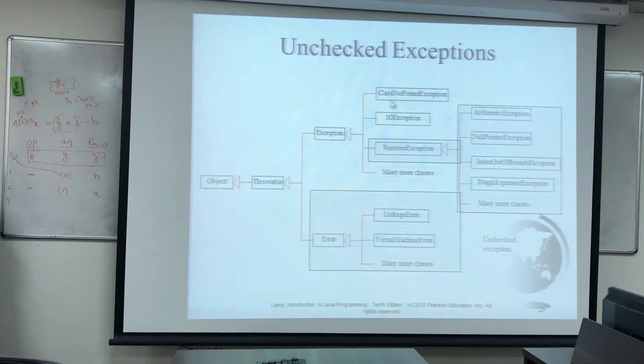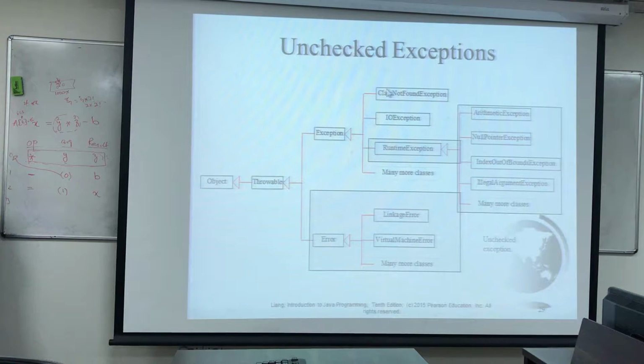The whole family of exceptions is divided into two categories, checked and unchecked. Unchecked means Java will not force you to use try and catch or throw. It's up to you. But of course, we don't want to feel embarrassed in front of our client, so we have to handle the exception or throw it.